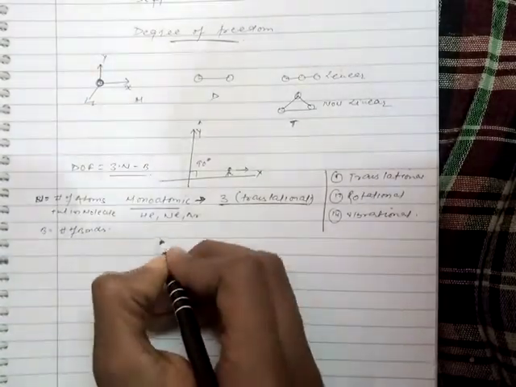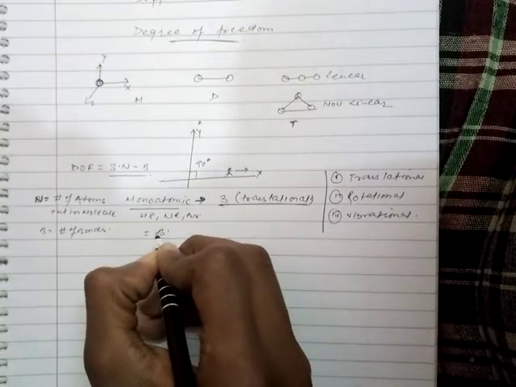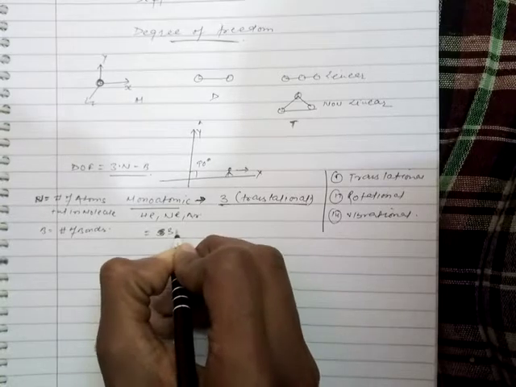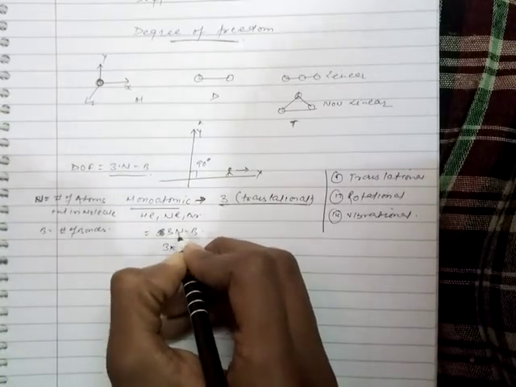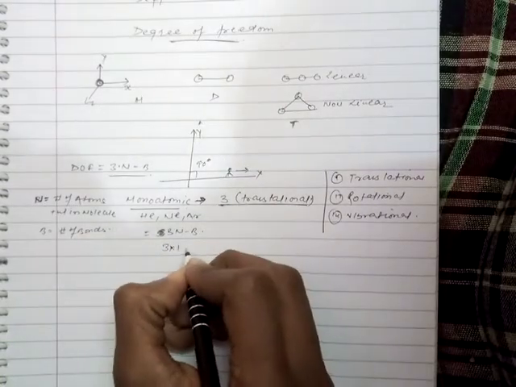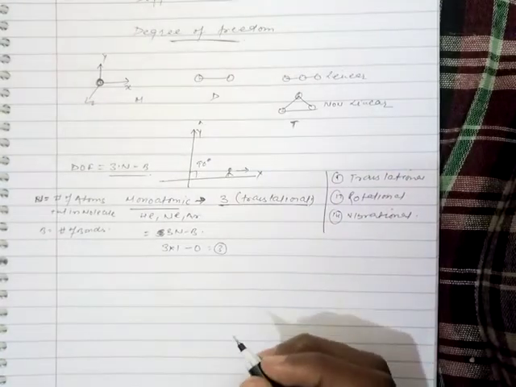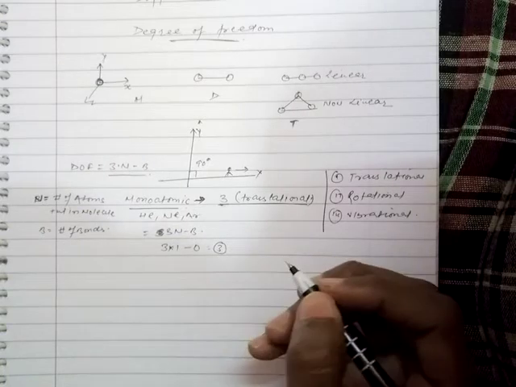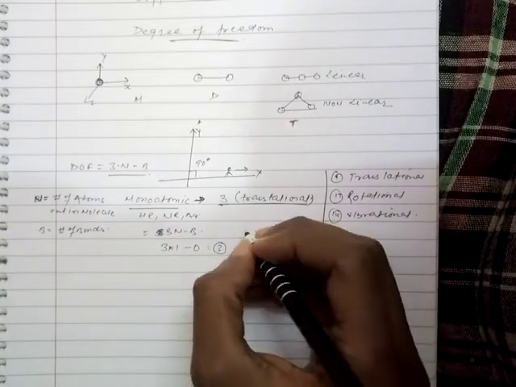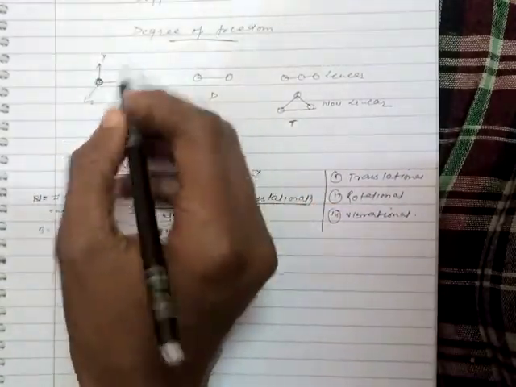In case of monoatomic molecules, 3 into the number of atoms, which is 1, minus 0 because there is no bond, gives 3. So there are only three types of translational motion: one along the x-axis, another along the y-axis, and another along the z-axis. It can move along three axes.